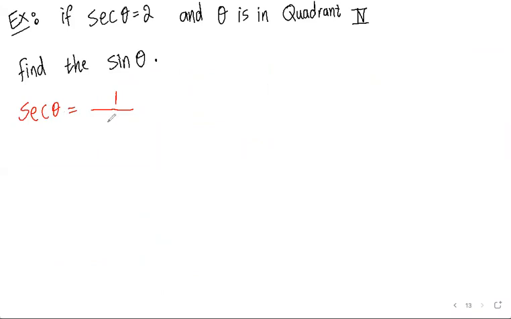So secant of theta is 1 over cosine of theta. And this is equal to, so I can find the value for cosine. How? Because this is equal to 1, can I do cross multiply?